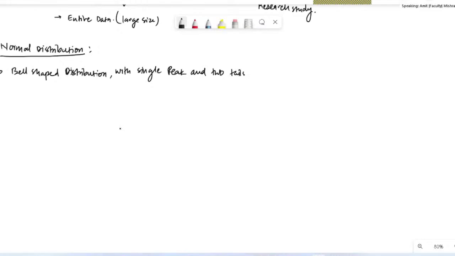These tails will be spreading towards infinity.